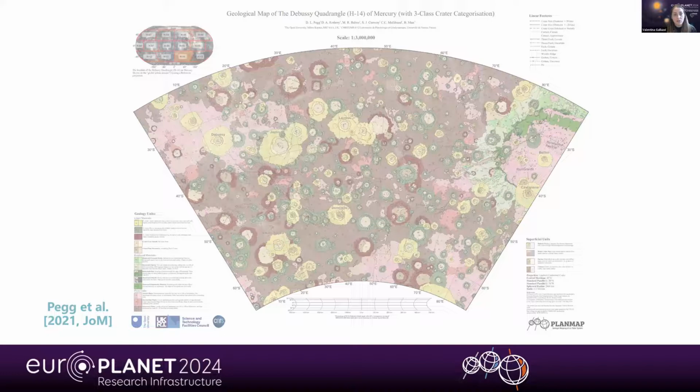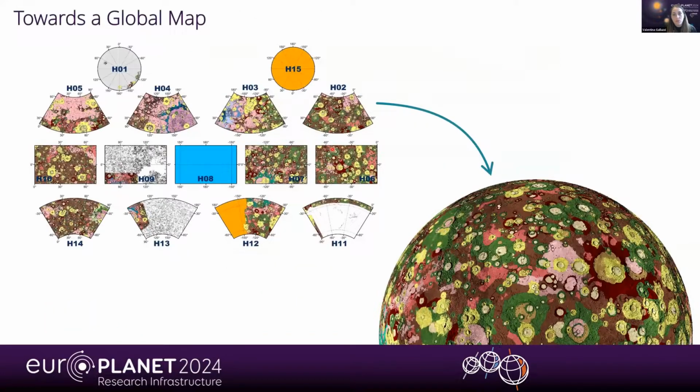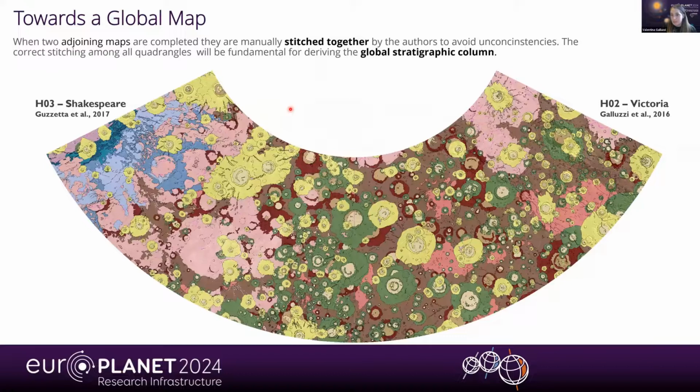And of course, when we do quadrangle mapping, we also want to achieve a global product by merging the quadrangles. So if a person works on this quadrangle and another person works on this quadrangle, how can we merge the boundaries? After all, a geological map is an interpretation procedure.